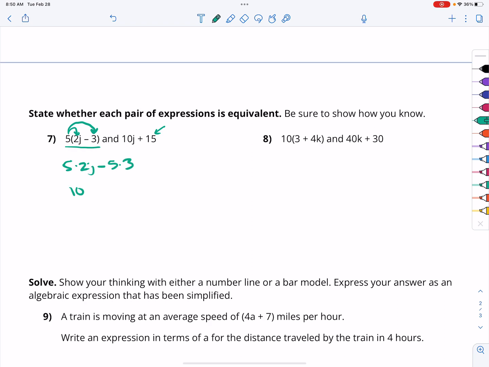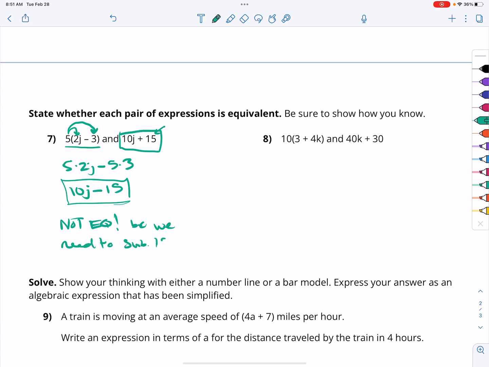So I would get 10j minus 15. So we have 10j minus 15 and 10j plus 15, not equivalent, because we need to subtract 15, not add it.